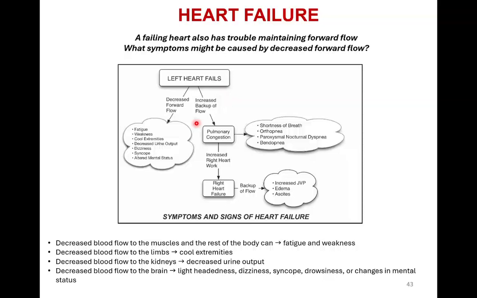We've got an increase in the backup of flow, pulmonary congestion, and increased work for the right heart. That leads to right-sided failure, which leads to backup of flow within systemic circulation.